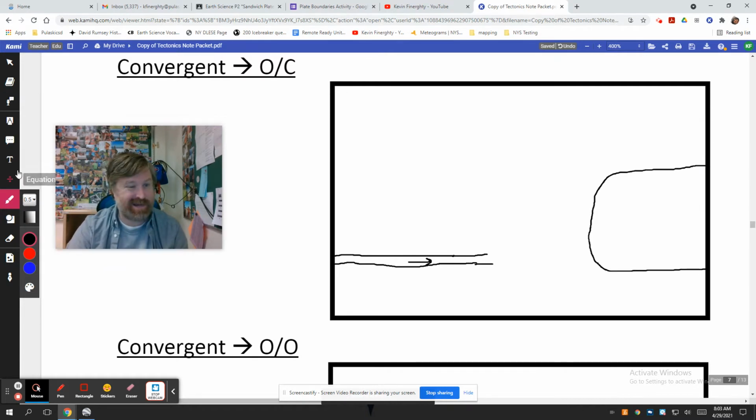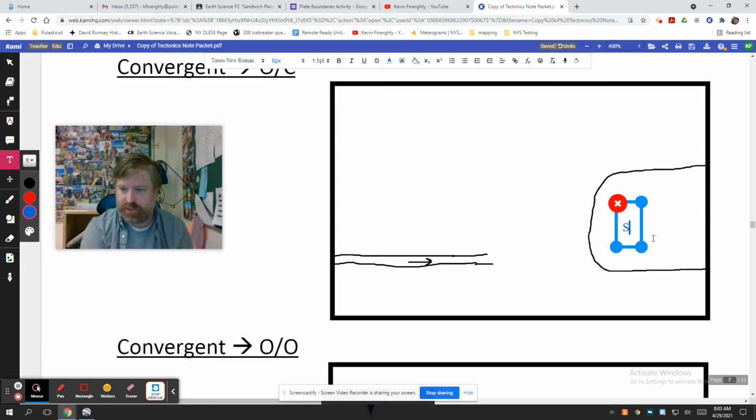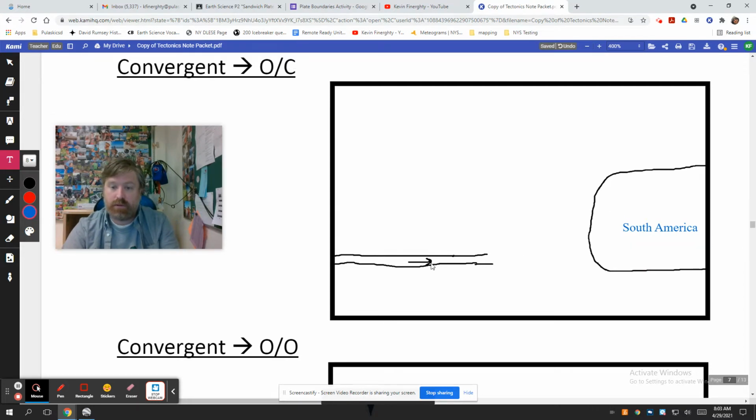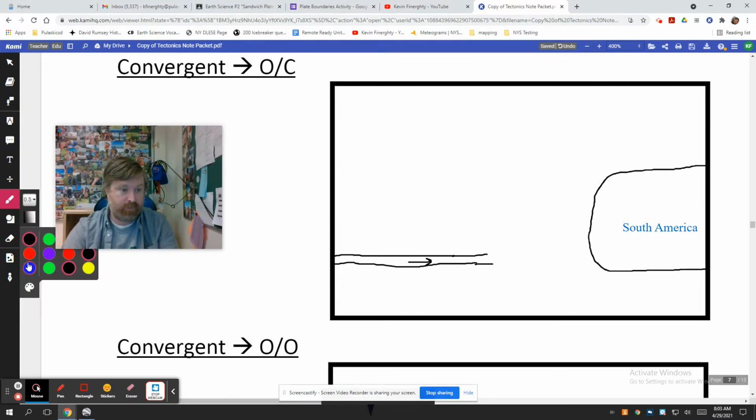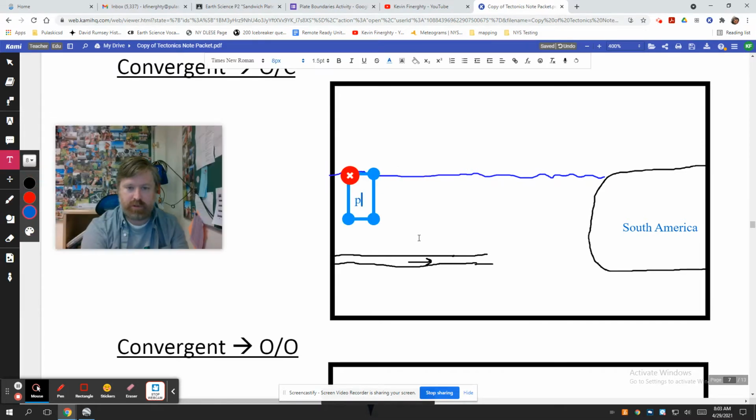The textbook example that's in every geology book is South America. This is the west coast of South America, and over here, more waves, the Pacific Ocean.